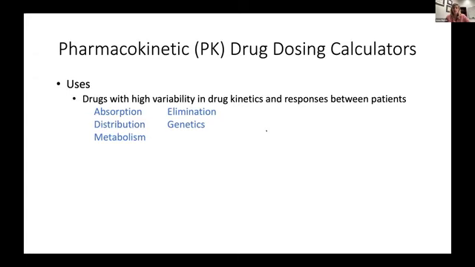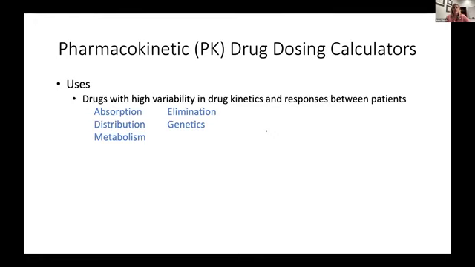We use these for several different patient populations, but these are typically for drugs that have a high variability in drug kinetics, meaning they may have varying absorption depending on the patient, distribution of the drug throughout the body to different organ systems, metabolism through the liver, for example, elimination through the kidneys, as well as there could be genetic factors at play.